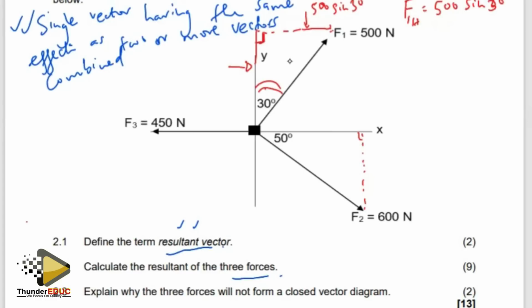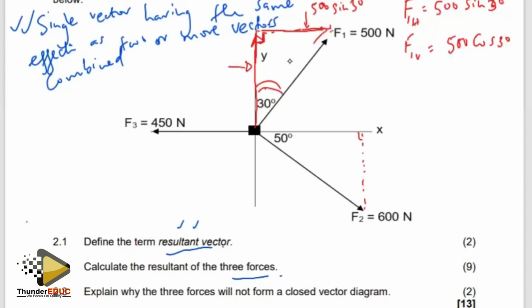It's positive because it's moving in this sort of direction. And then I'll have this. Remember our head to tail. This one is also going to be positive since it's upwards. So F1V is 500 cos of 30.